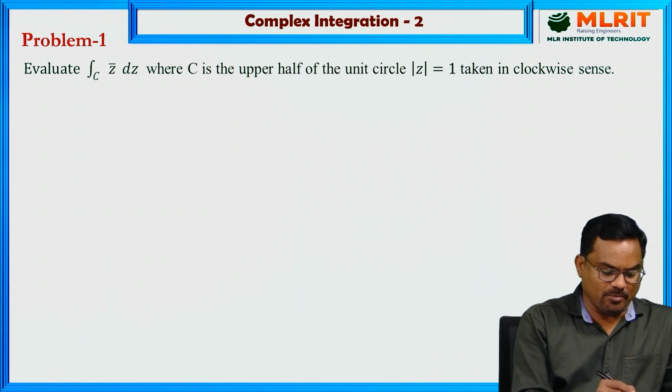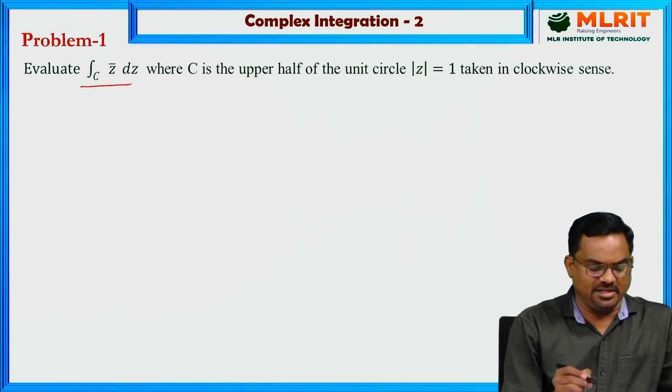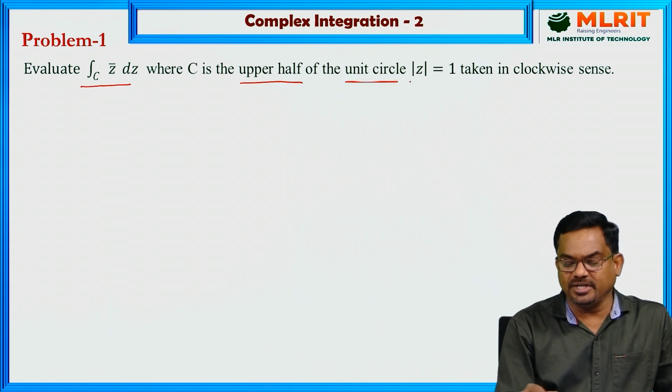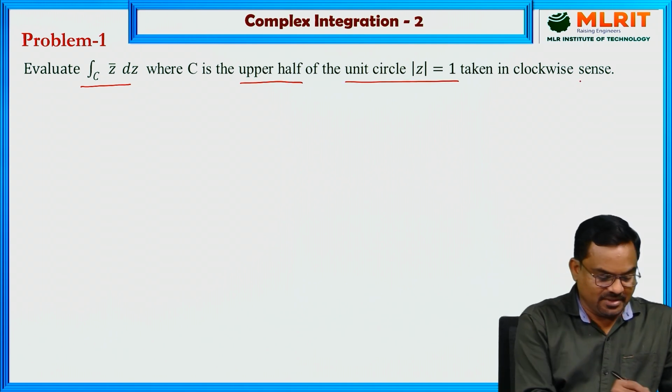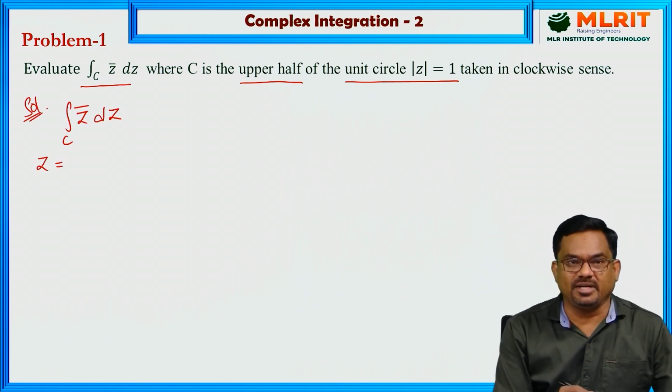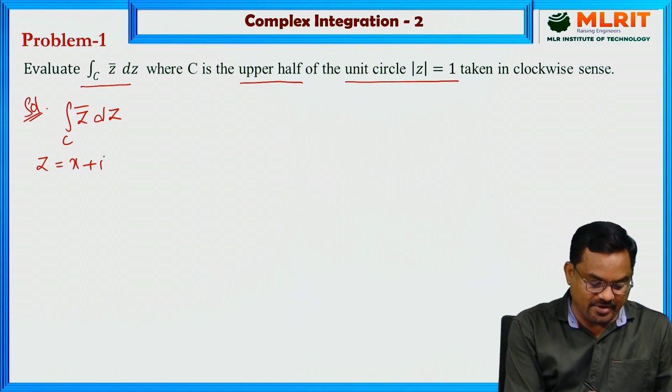Now, the first problem, evaluate integral c z bar dz, where c is the upper half of unit circle mod z equal to 1, taken in clockwise sense. So, here we need to evaluate integral c z bar dz. What is z? x plus iy.